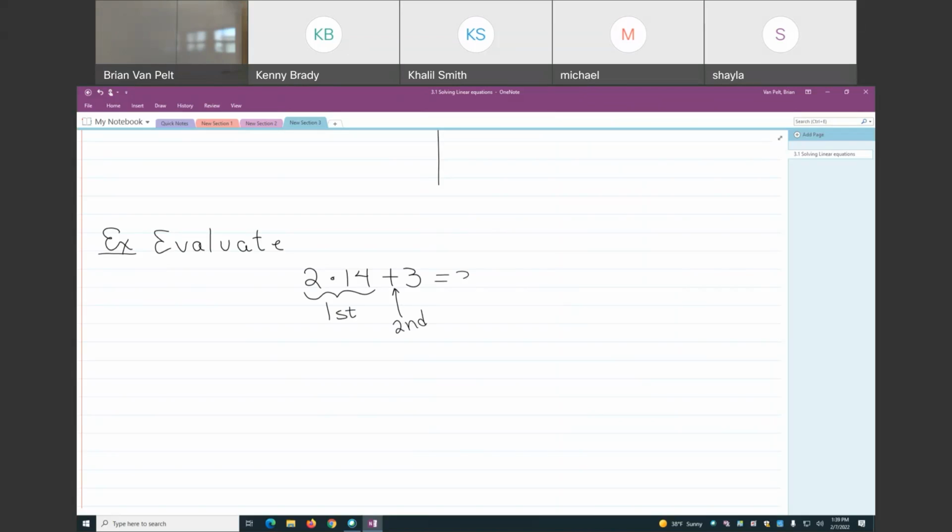He said this all came out to be 30. Now, watch as I remake the problem, but put an X where that 14 was. We know the answer. But look what we did first and look what we did second in the original problem. Now, to solve this, you go in reverse.